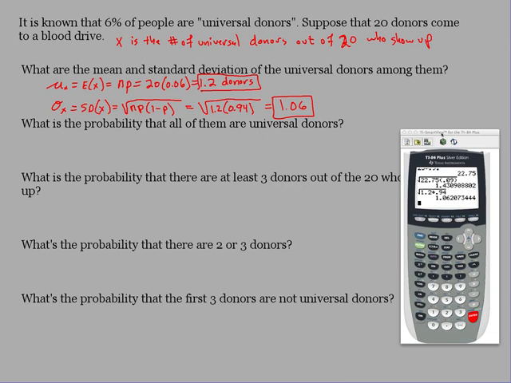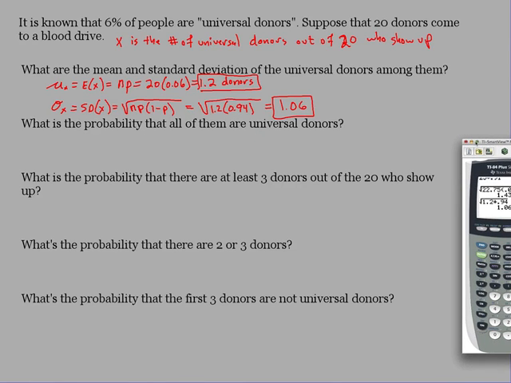Okay, now what's the probability that they all will be universal donors? All 20 of them will be universal donors. So this is a binomial, but you shouldn't need to use any of your binomial techniques that we're learning, because we know if they all are universal donors, that means all 20 would be universal.